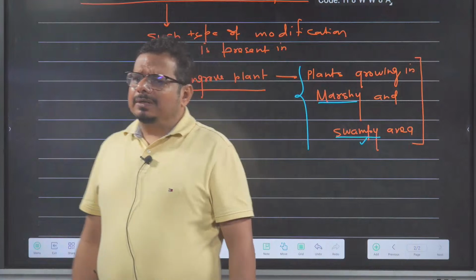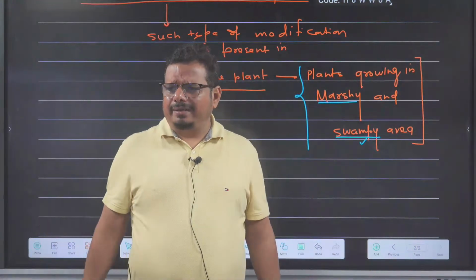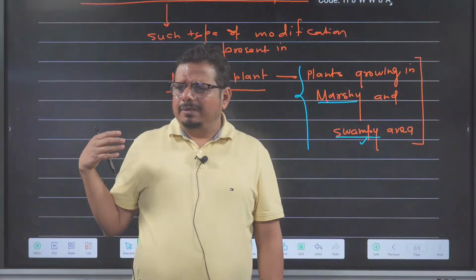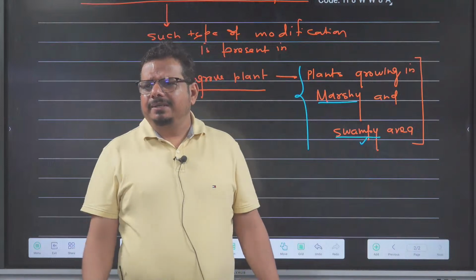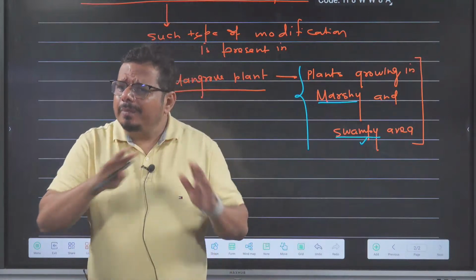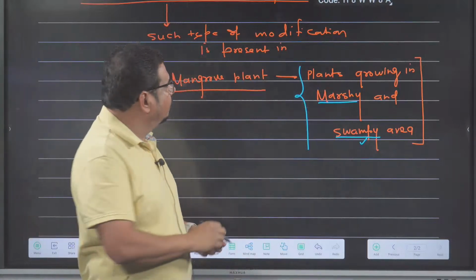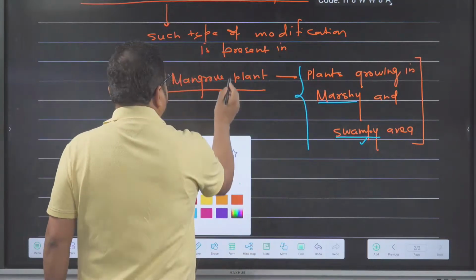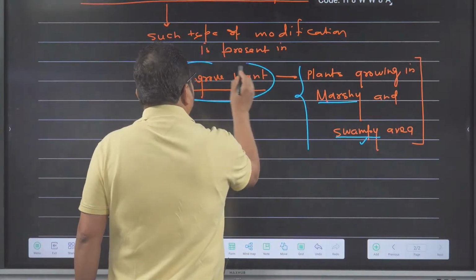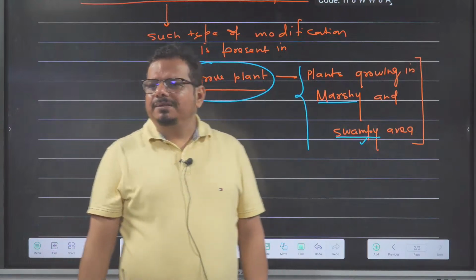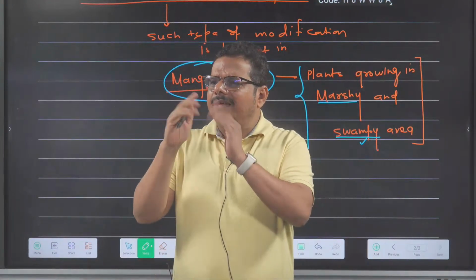If you go near the Krishna River in that area, and even near the ocean, near Hansala Devi beach, you will find for kilometers, not one or two, kilometers, a forest of mangrove plants. Everywhere you will find these mangrove plants. So that is the intertidal zone.